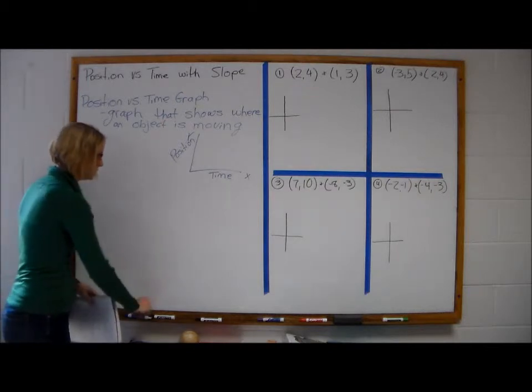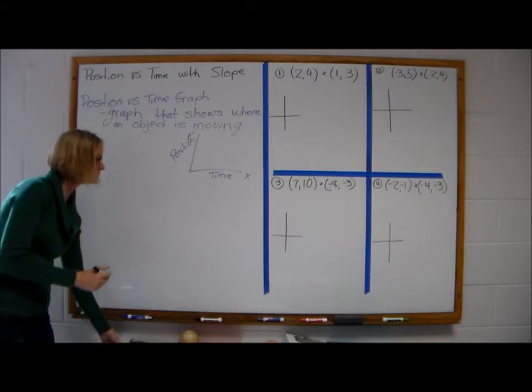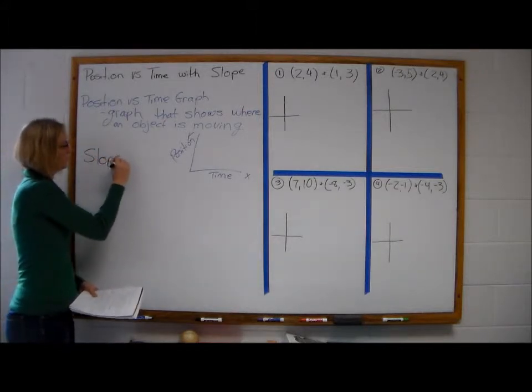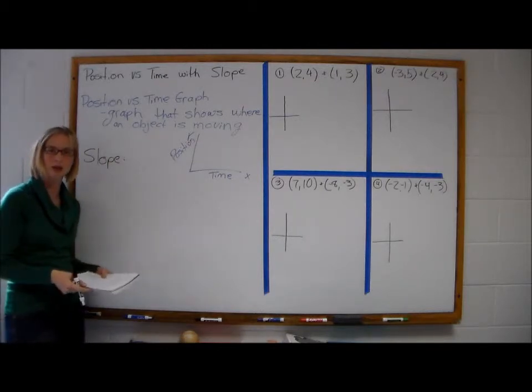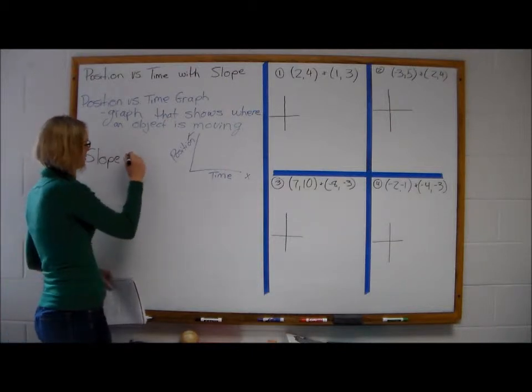So next, we have slope. We're going to start with our definition. It tells how steep the line is or the velocity of our object.